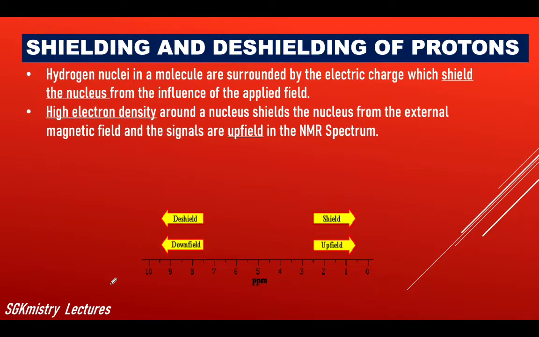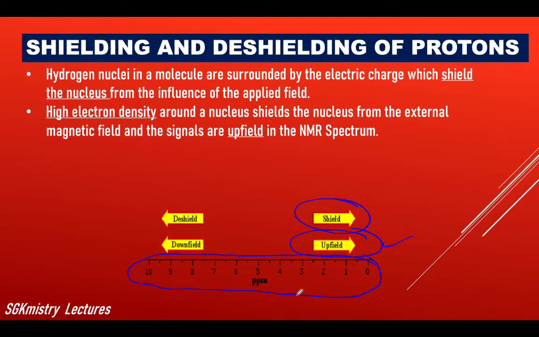and hence the effect of magnetic field experienced by this nuclei is less, and hence the signals will be found in the lower regions. You can see this is the scale, and here it is marked from 0 to 10. So if there is shielding of the hydrogen nuclei, the effect of magnetic field experienced by this nuclei is less, and hence the signals will be found in the lower regions.